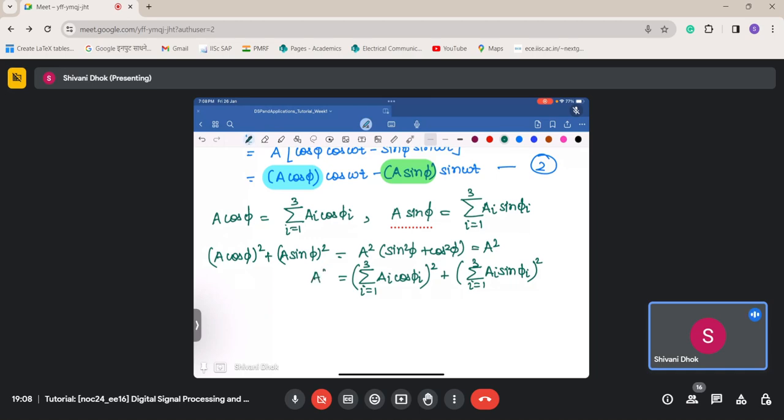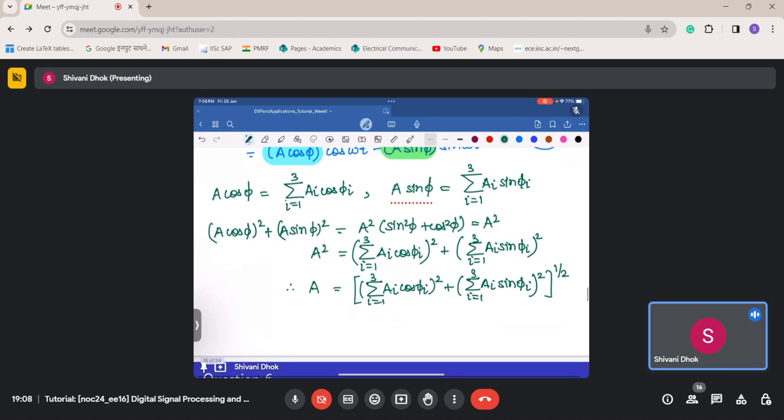So this is equal to A square. Therefore A is equal to the square root of summation of Ai cos phi i whole square plus summation of Ai sin phi i whole square. So this is the value of A that we are having.